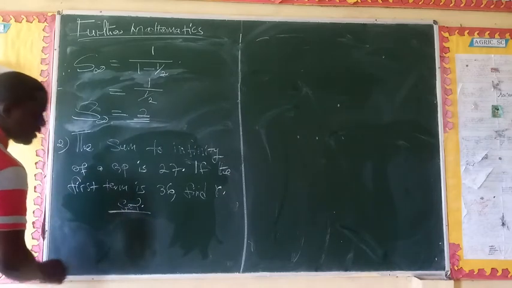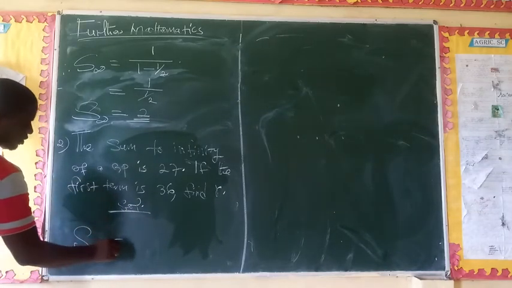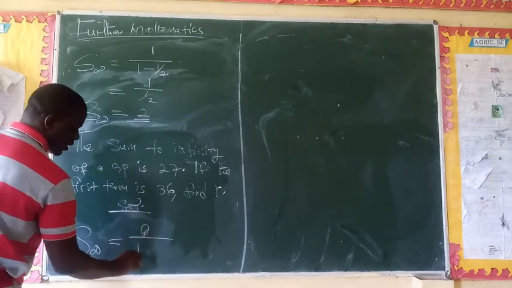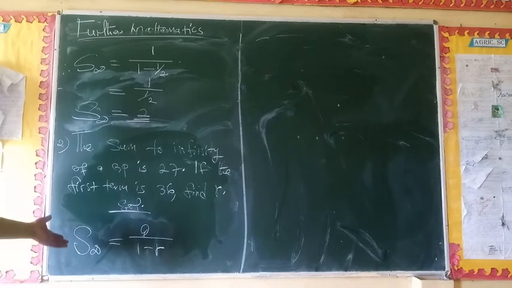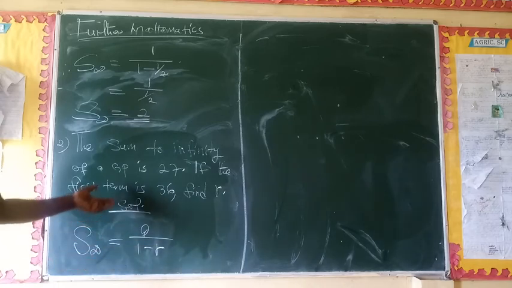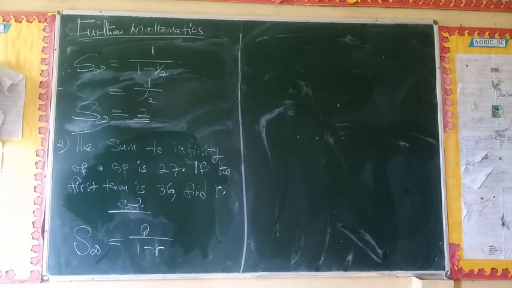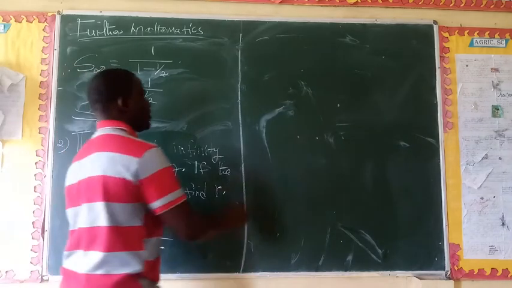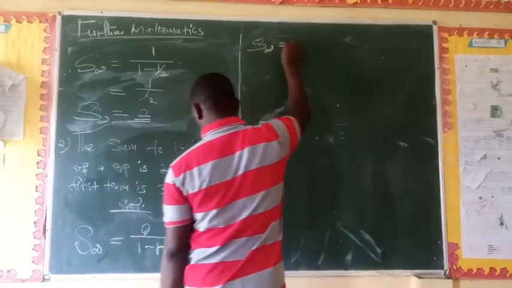Solution: the formula, you write it first, S infinity is equal to A over 1 minus R. This is the formula for the sum of terms in a GP. So with this formula, we see clearly that the sum of terms to infinity is given. So S infinity is equal to 27.